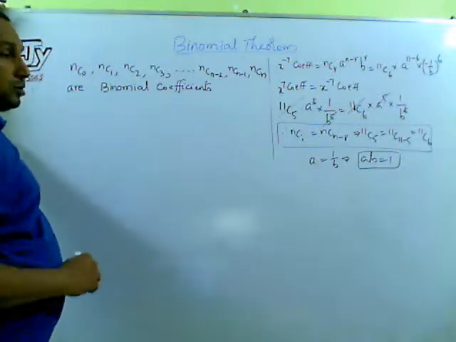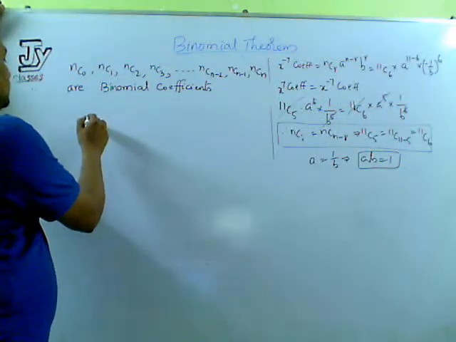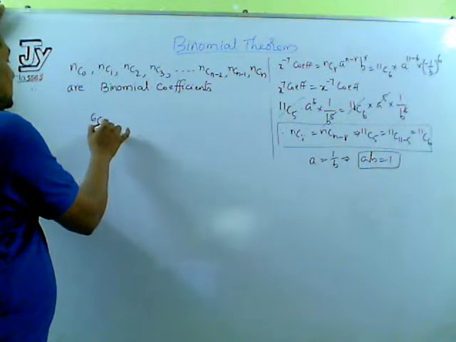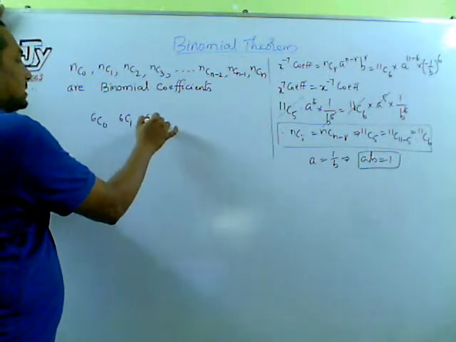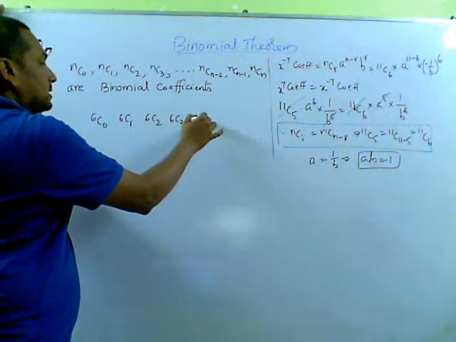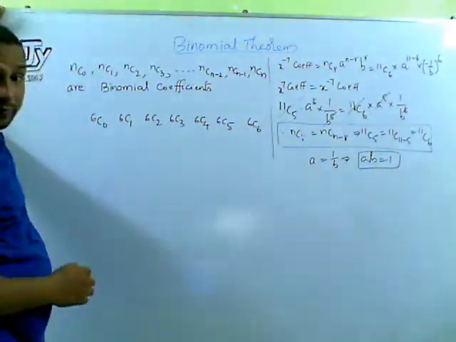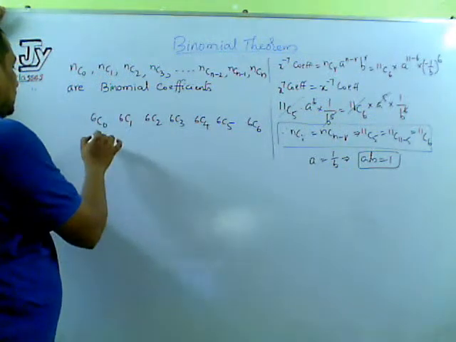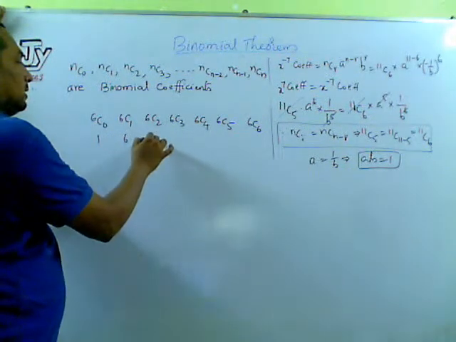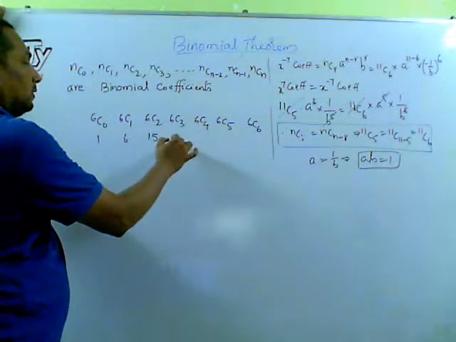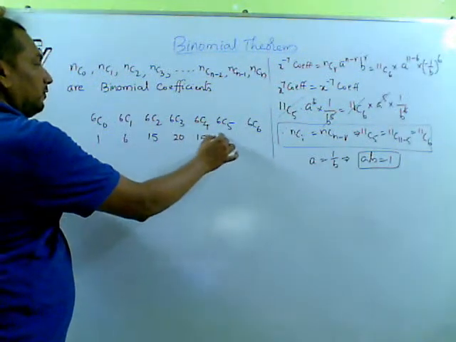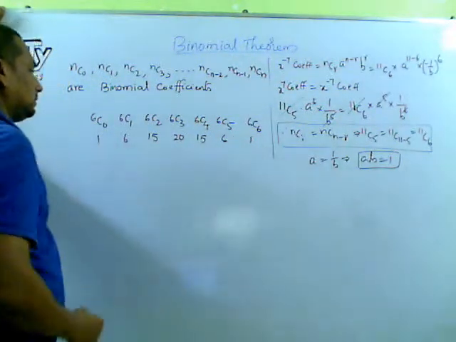Okay, so I'll give two examples. 6C0, 6C1, 6C2, 6C3, 6C4, 6C5, 6C6. That is 1, 6, 15, 20, 15, 6, 1.